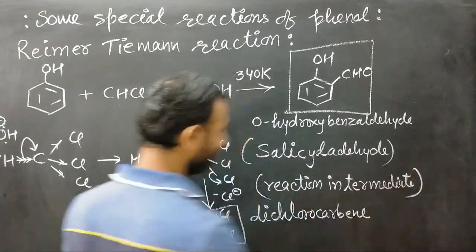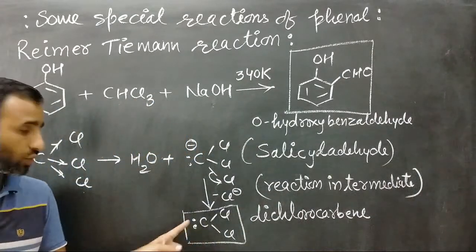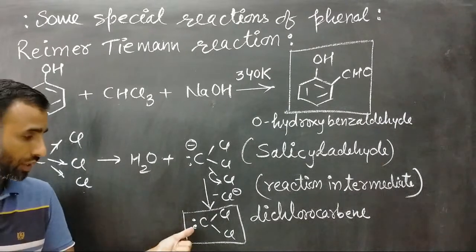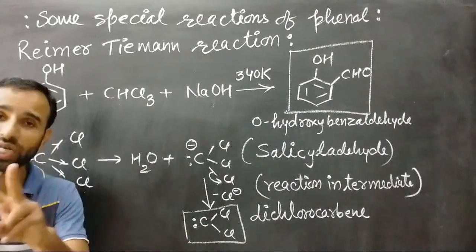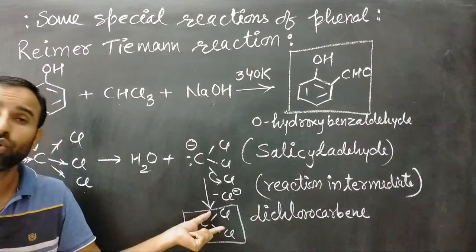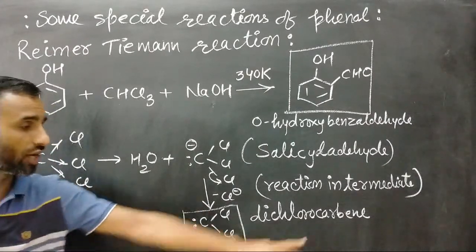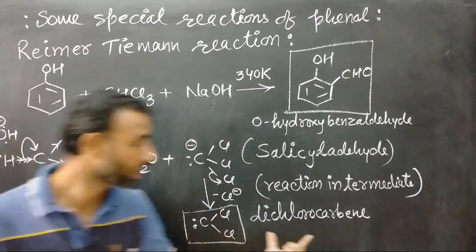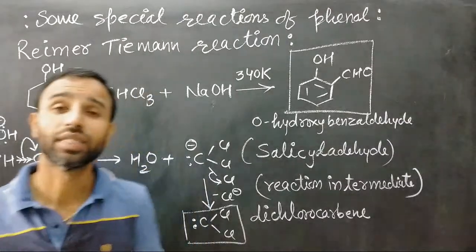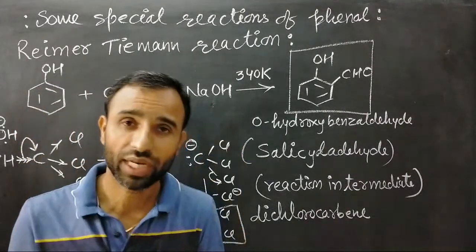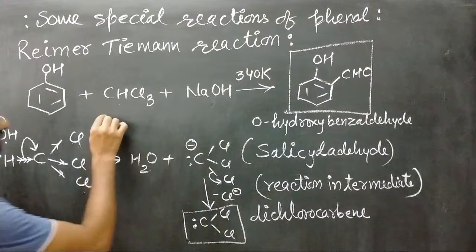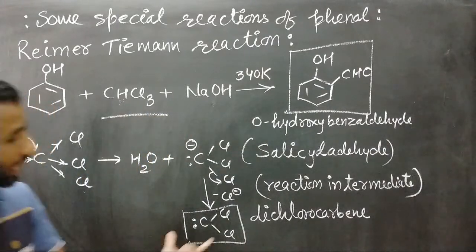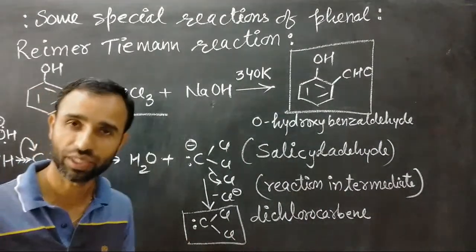So what is carbene? When carbon has one pair of unshared electrons, or we can say we have two unshared electrons and two bonds, that is called carbene. If hydrogens are replaced by chlorine, that is called dichlorocarbene. So keep in mind that in the Reimer-Tiemann reaction, when the reaction is occurring with chloroform, dichlorocarbene is the reaction intermediate.